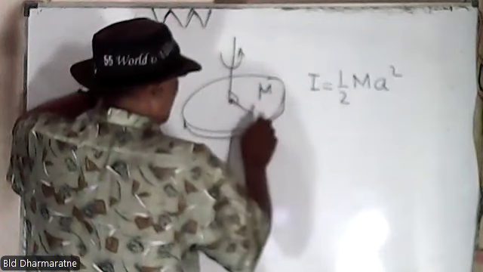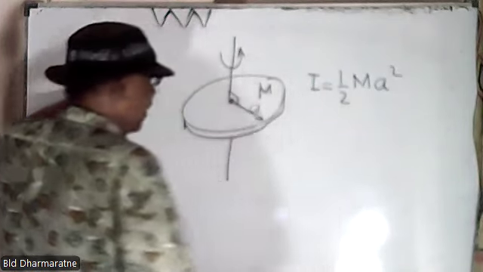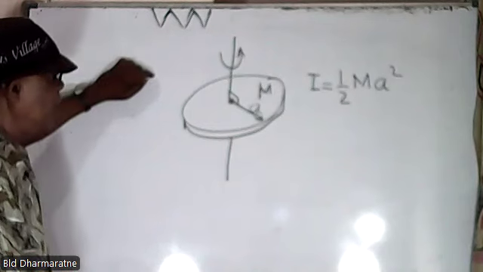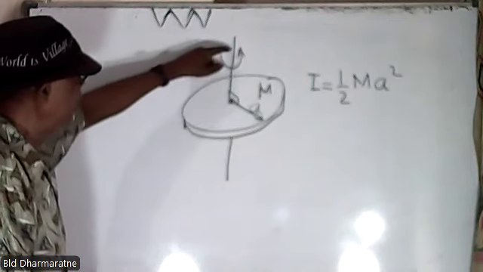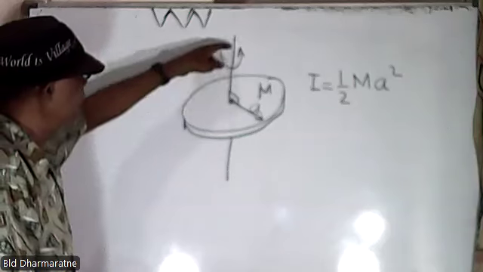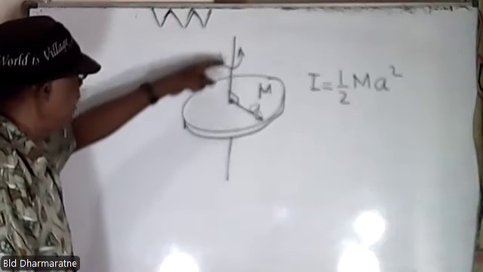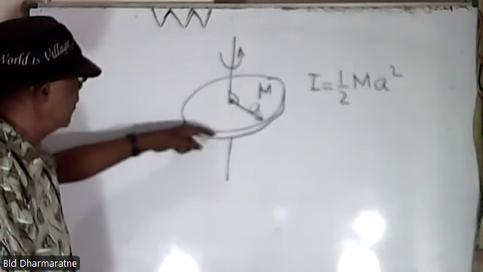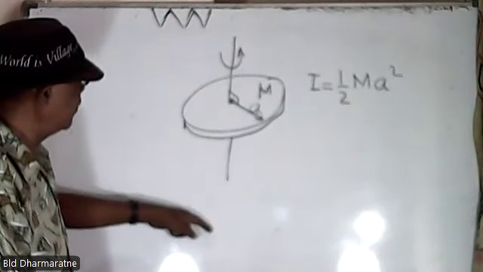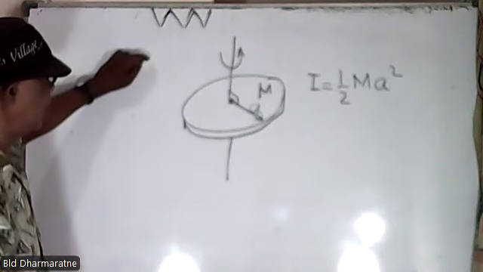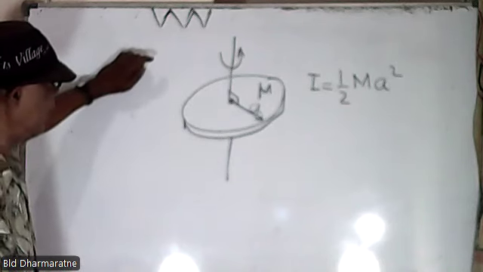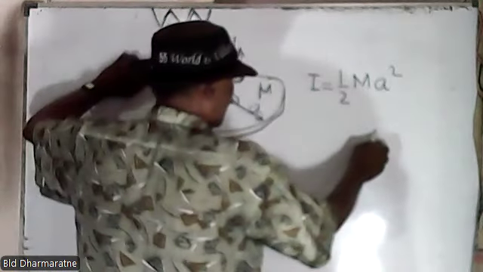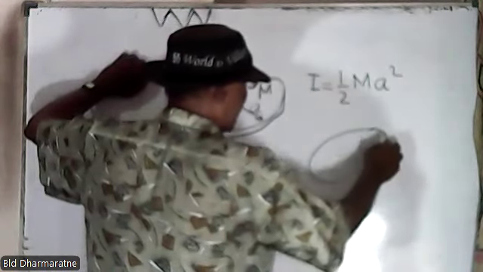At the same time, consider the solid cylinder with the axis along its length. It is independent of the height; there is no change.